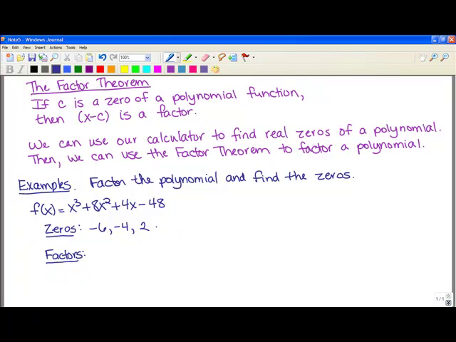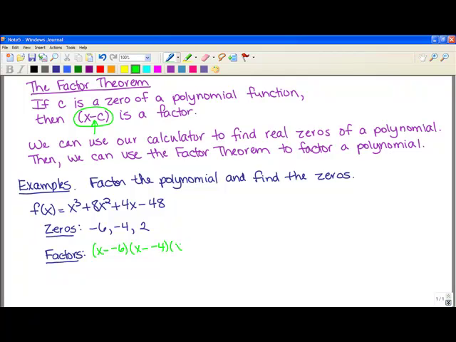After you find the zeros, you can use the factor theorem to write the factors. And it's very important that we see that the factors always have a minus involved, x minus the zeros. So the first factor is x minus -6. The next factor is x minus -4.